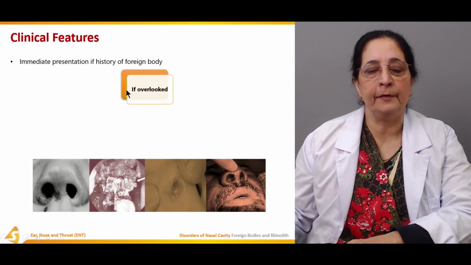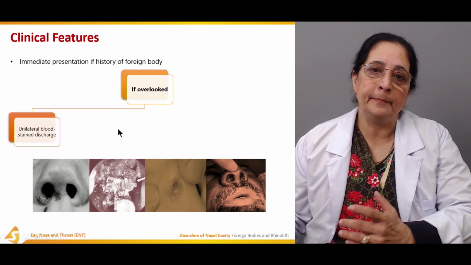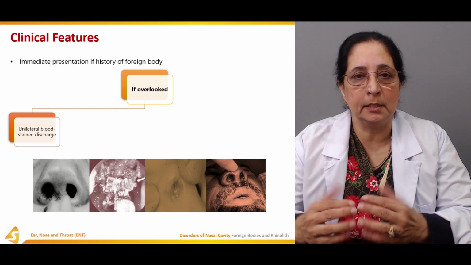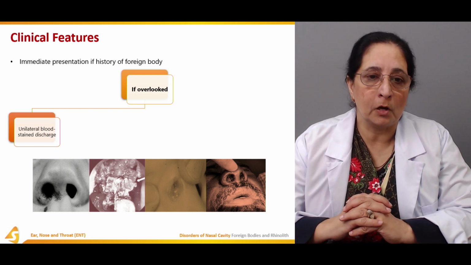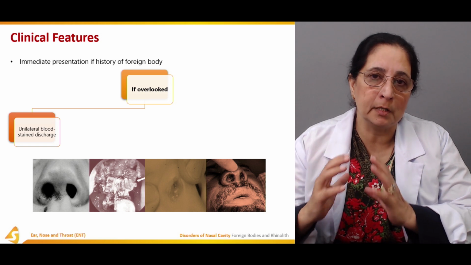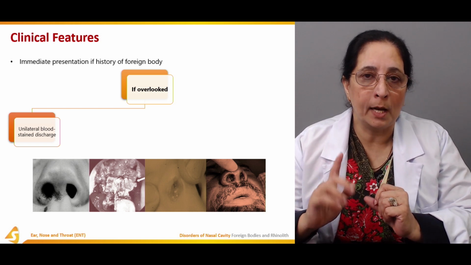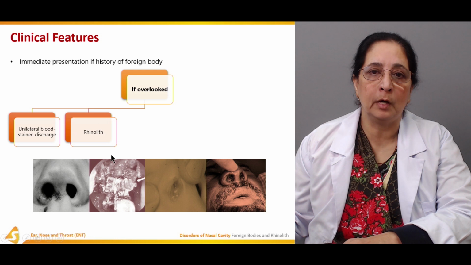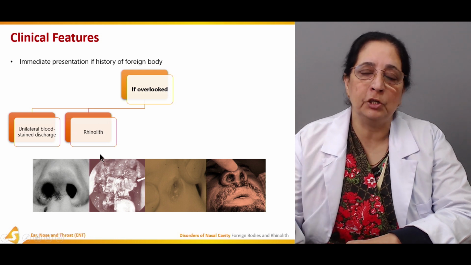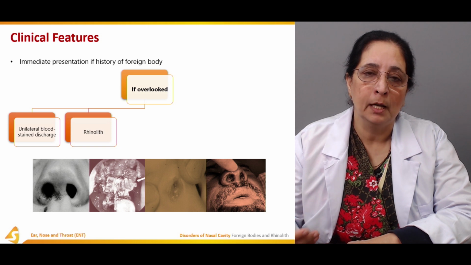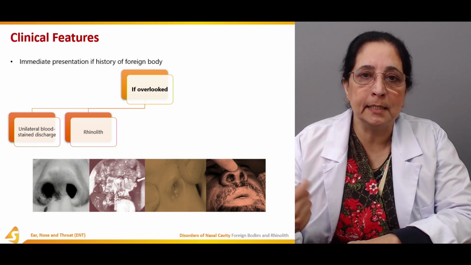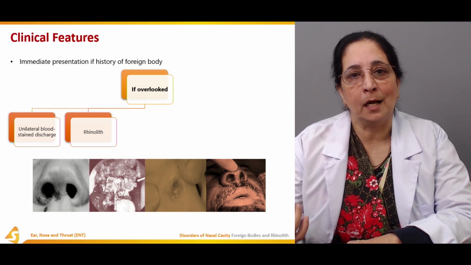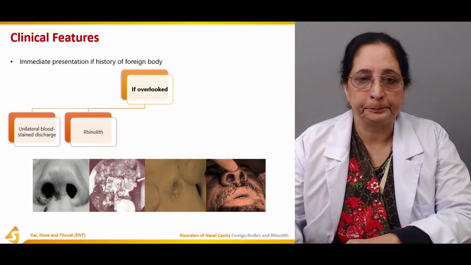If it's overlooked, blood-stained discharge starts coming out of the nostril, and it's usually unilateral because the foreign body is present on one side. Unilateral blood-stained discharge is common if it's overlooked. It can lead to the formation of rhinolith or nasal stone, because other particles keep accumulating around the foreign body and it becomes hard and forms a stone.